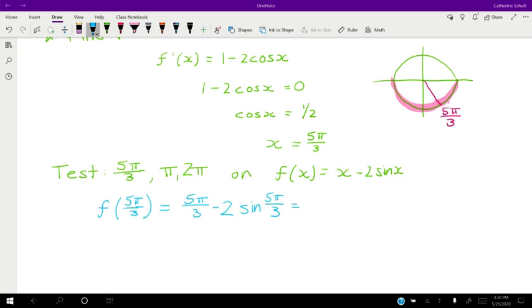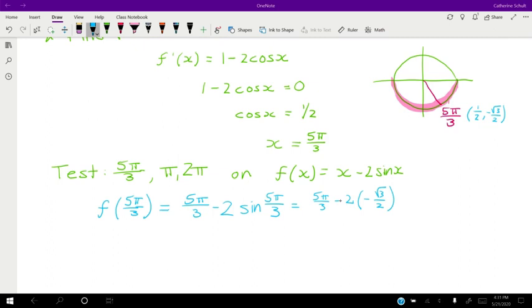Okay, let's see, sine of 5 pi over 3. So for 5 pi over 3, the cosine is 1/2, and the sine, the y value, is negative root 3 over 2, right? Okay, so that means we're looking at 5 pi over 3 minus 2 times negative root 3 over 2.